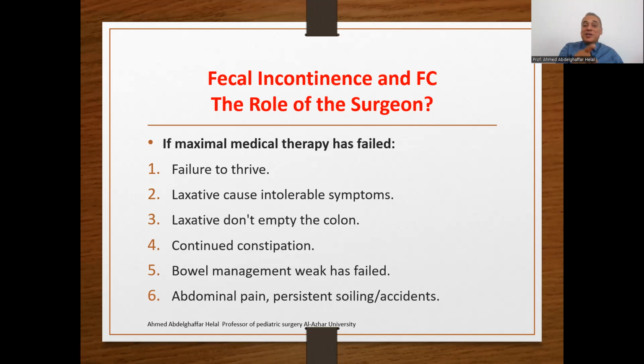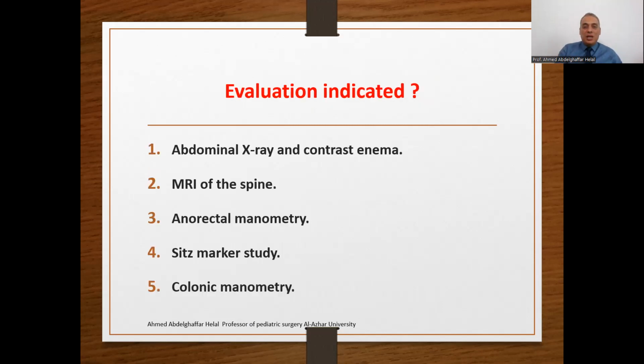However, if maximal medical therapy has failed by the pediatrician, then the pediatrician will consult the pediatric surgeon, and the role of the pediatric surgeon starts from here with a child with failed maximal medical therapy complaining of functional constipation. Evaluation is indicated.